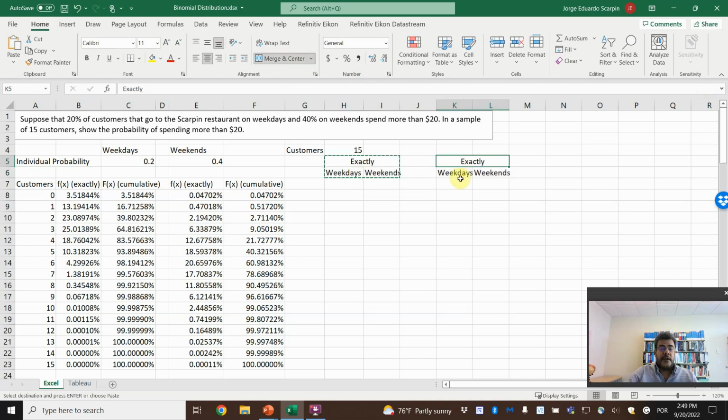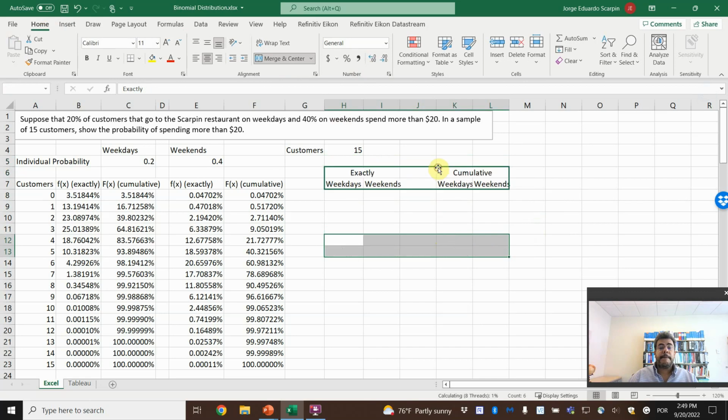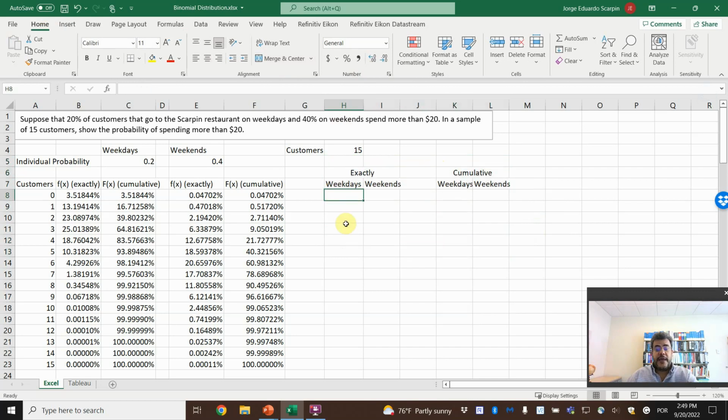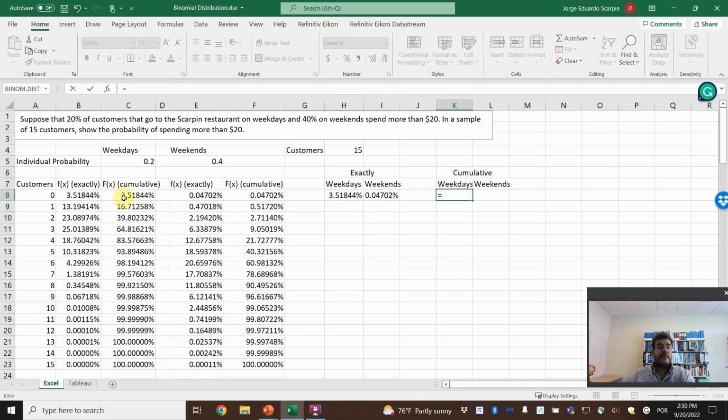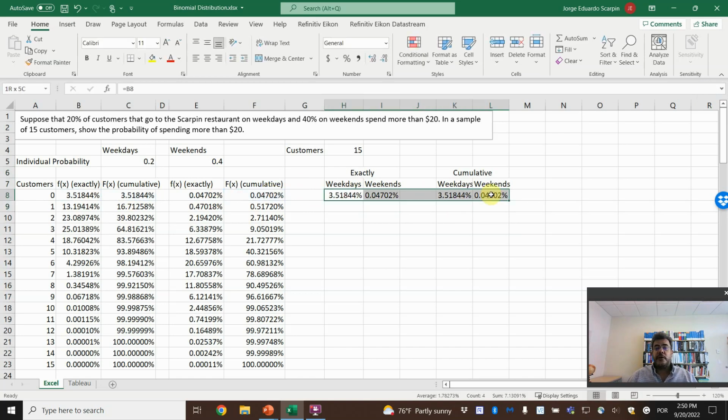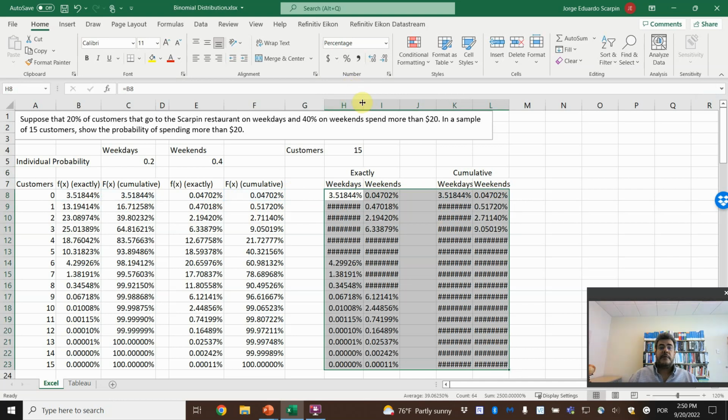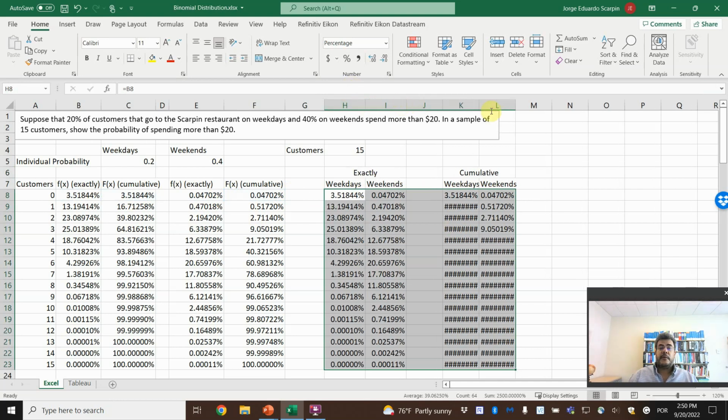Here, not exactly, it is cumulative. And then let's work on it. So exactly on weekdays, 3. On weekends, 0.4. Cumulative, 3. Cumulative, 0.4.